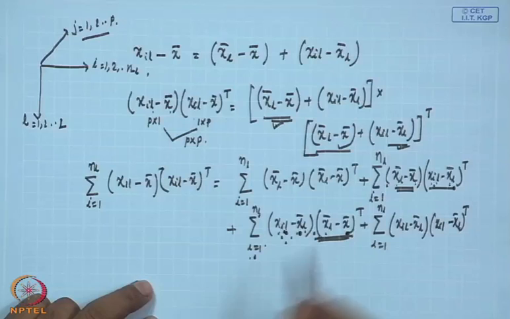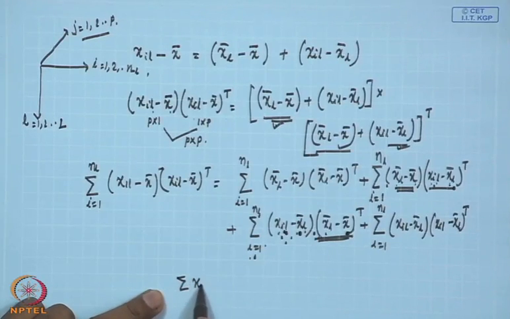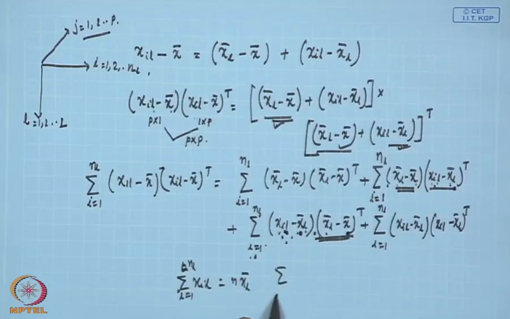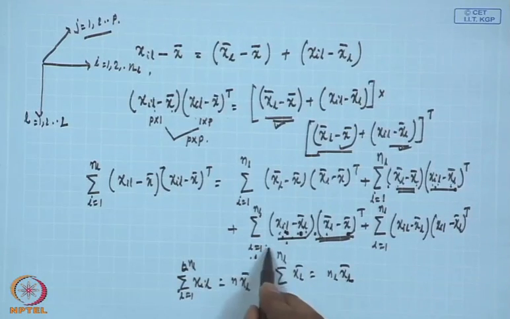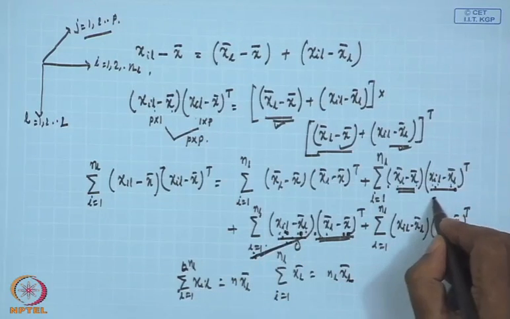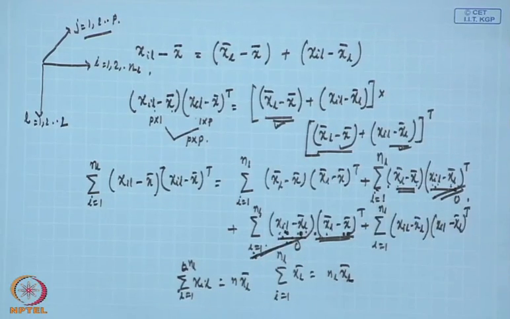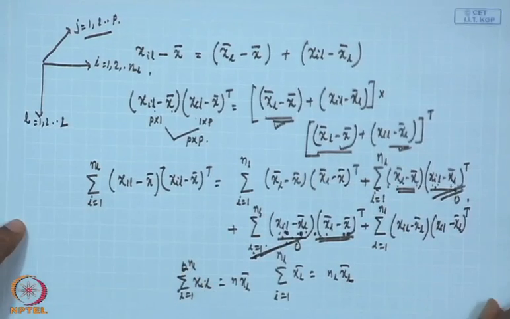I am saying the sum of XIL over I equal to 1 to n L equals n L times XL bar. Now, again the summation of I equal to 1 to n L of XL bar is also n L times XL bar, because this is independent of I. So, this quantity becomes 0, and similarly this quantity with this becomes 0. So, the two middle terms will be deleted because they are 0.